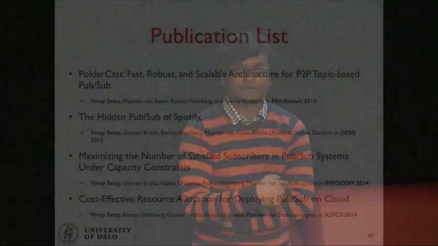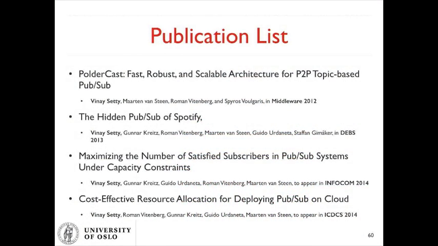We saw various versions of the problem, such as maximizing the number of satisfied users or maximizing the satisfaction. These are hard problems, and we provide efficient heuristics to solve them. Finally, we also provide a cost-effective resource allocation for data center and cloud settings, and we show that there are benefits of using this solution. With this, I conclude, and thank you for your attention.